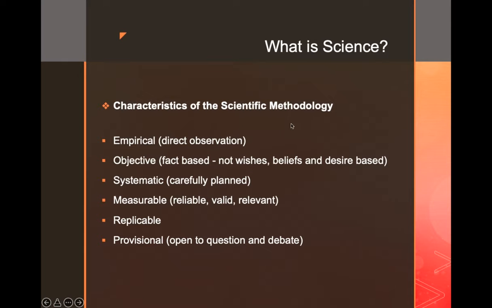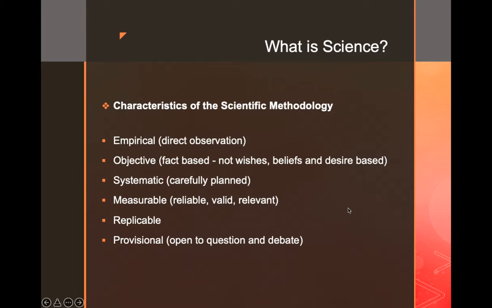The first characteristic of the scientific methodology is that it is empirical in nature, which means that you have to directly observe the phenomena that you're testing. So that's why it has to be empirical. It has to be objective, so it's fact-based. It's not based on your wishes, your beliefs, your desires.